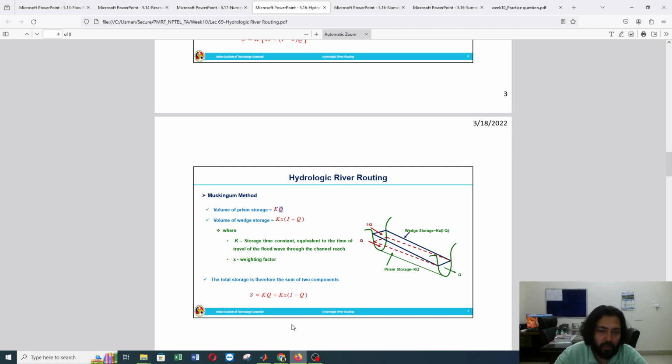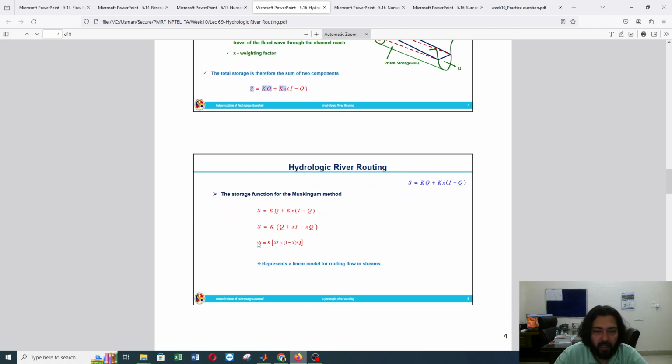When we add these two terms, we get the Muskingum equation, S equals KQ plus Kx(I minus Q). We can simplify this further and write it as S equals K[xI plus (1 minus x)Q], and this is a representation of a linear model.